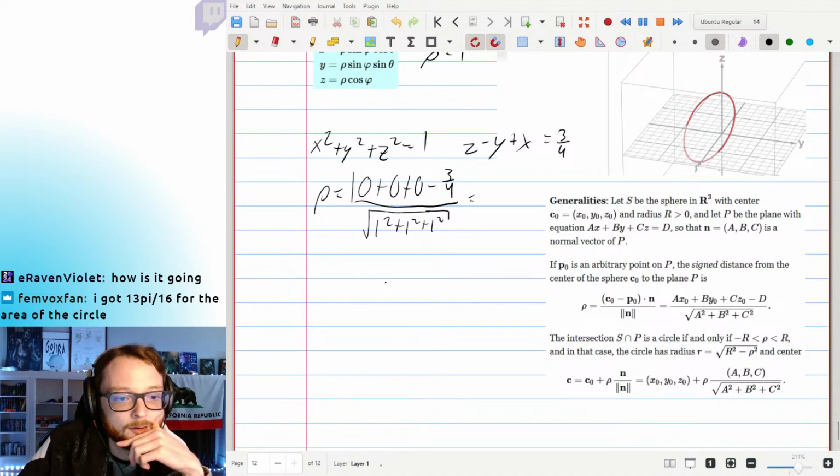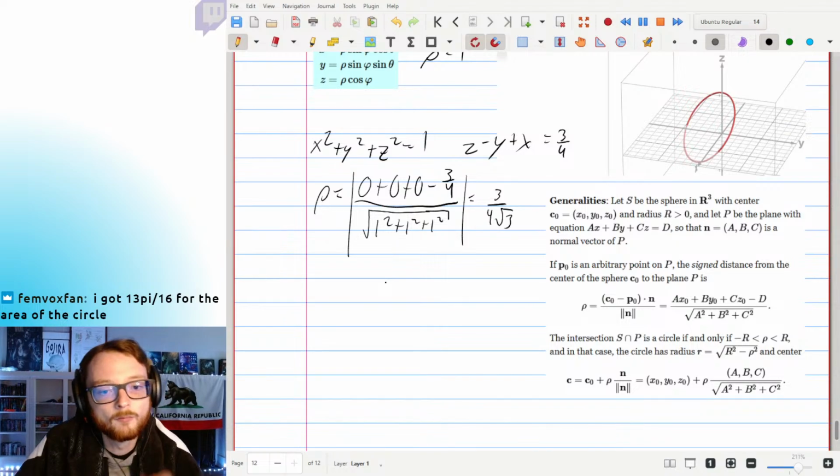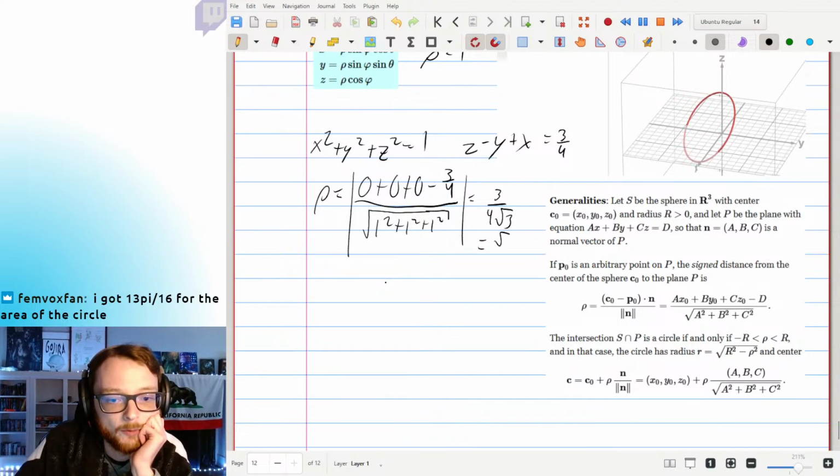Oh, yeah, right. This is a distance, so we can do that. And this is just what, root 3 over 4? So that's the rho.